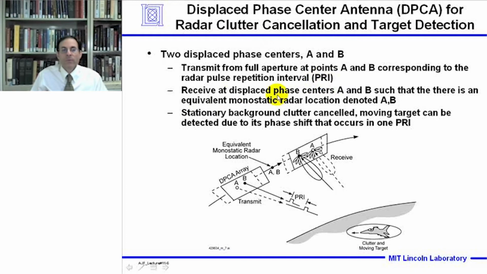We would then receive at displaced phase centers A and B such that there's an equivalent monostatic radar location denoted as AB. In other words, we transmit here, we receive on B and A here, such that there's an equivalent monostatic radar location at the midpoint. So in this case, stationary background clutter can be canceled and a moving target can be detected due to its phase shift that occurs in 1 PRI.